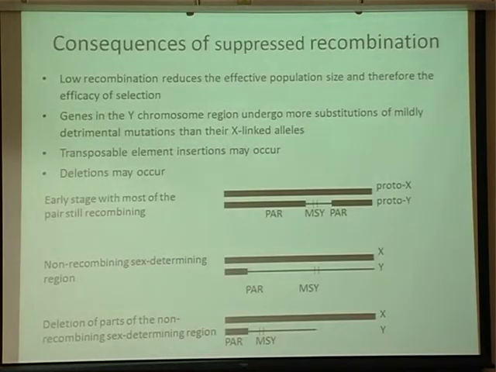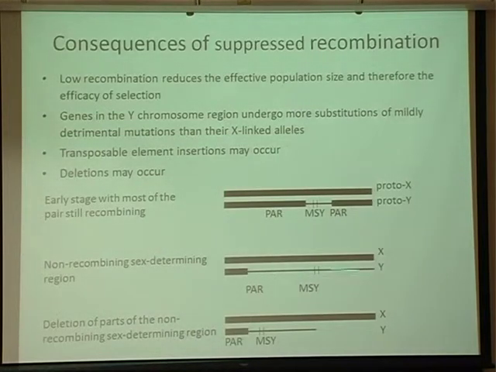So what we expect to see is an early stage where you've just got the two loci, or maybe a few sex-determining loci, that don't recombine on the proto-Y, and that expands through processes of sexually antagonistic mutations, perhaps selecting for suppression of recombination.